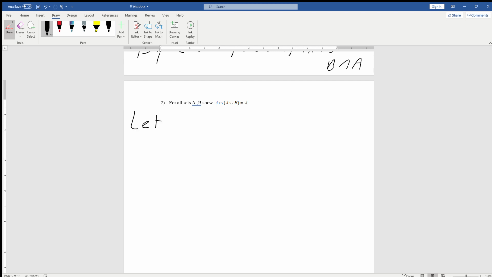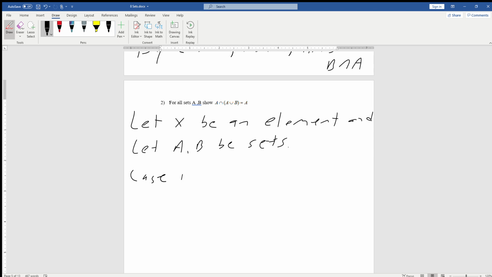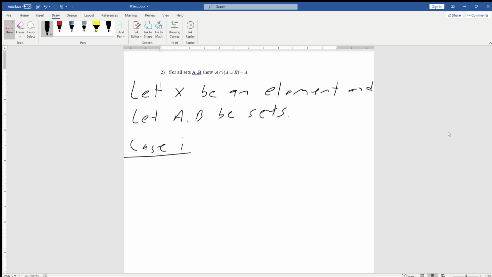So let's start by saying let X be an element, and let A and B be sets. Case 1, we're going to start with letting X be equal to the left-hand side.